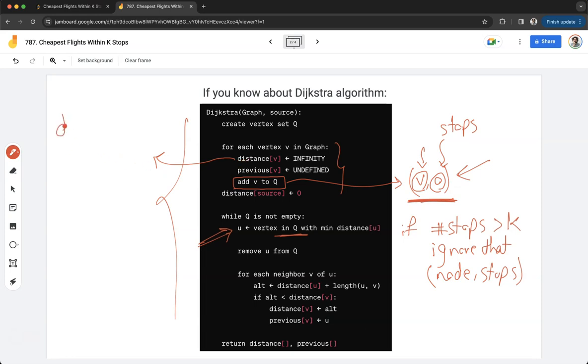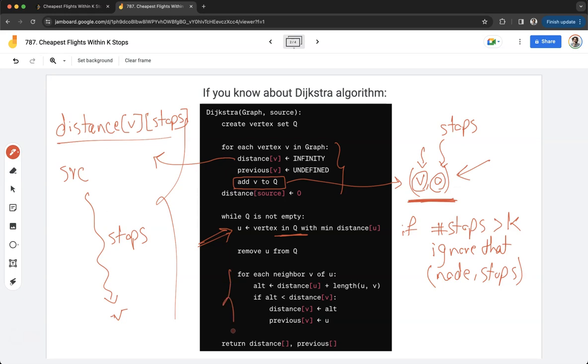So distance should become distance of v and stops. So two-dimensional. And this means the minimum distance that it takes to go from SRC to v and do at most stops number of stops. Does that make sense? Okay.